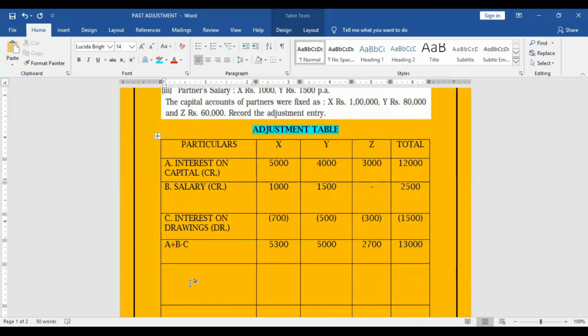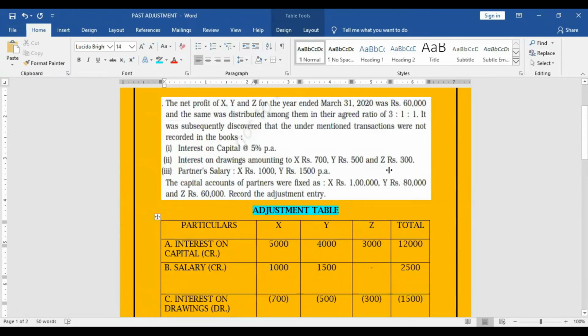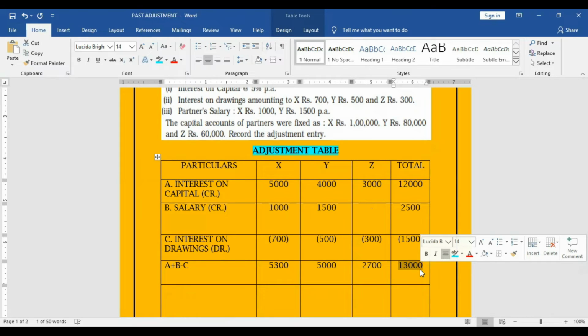Only the final divisible profit has to be distributed according to the given ratio 3:1:1. But they have distributed this much amount as per 3:2:1 without removing interest on capital, salary as well as interest on drawing.